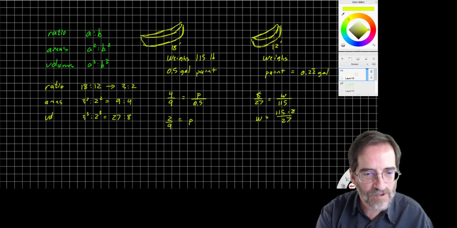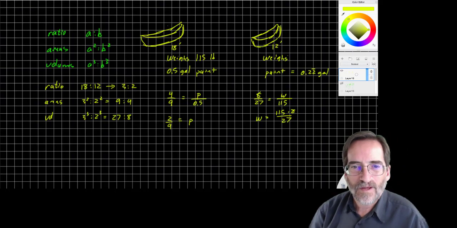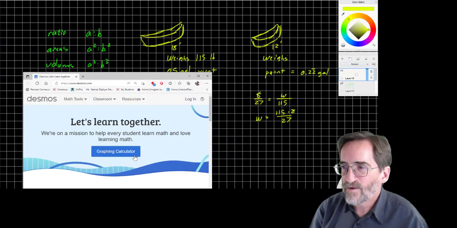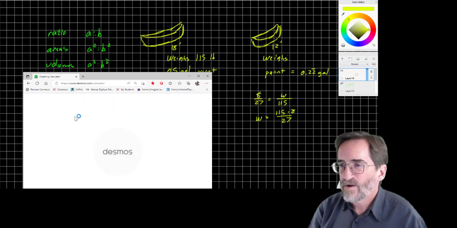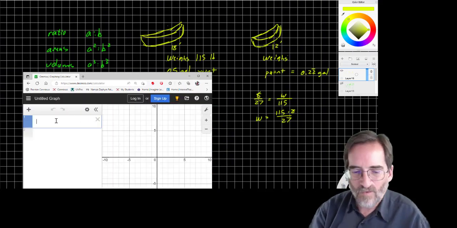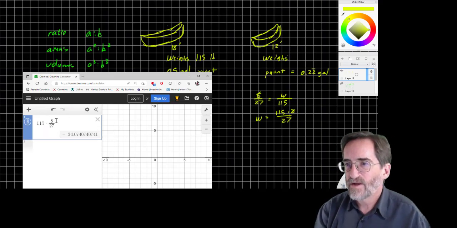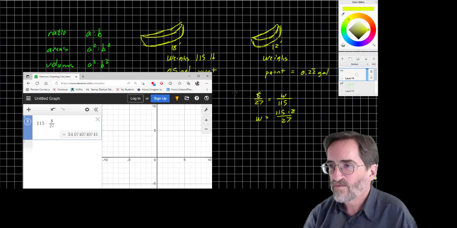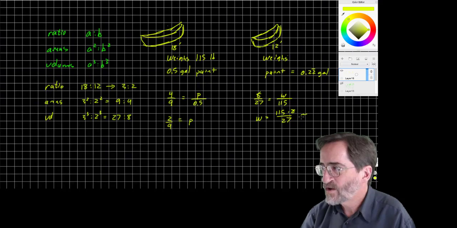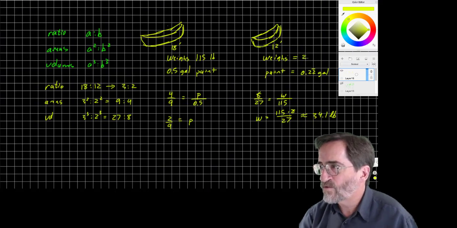Let's pull up Desmos. And here we go. 115 times 8 divided by 27 is 34.1 pounds. That is considerably less weight, 34.1 pounds.